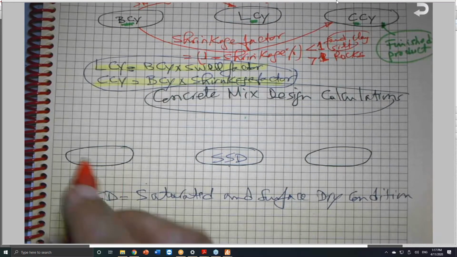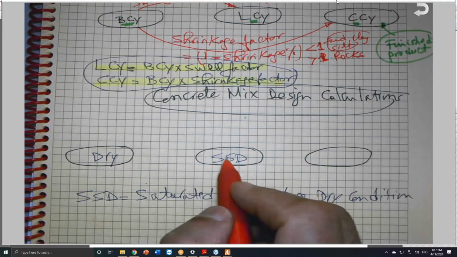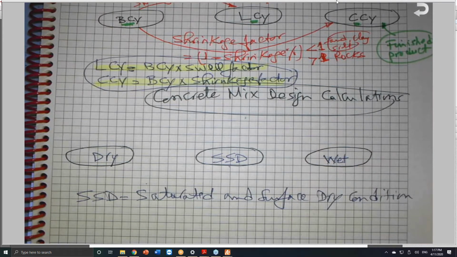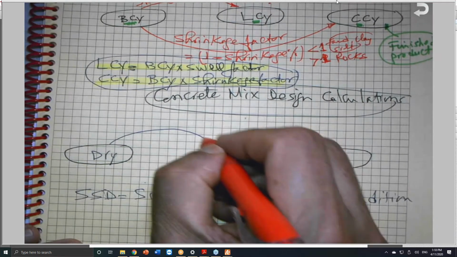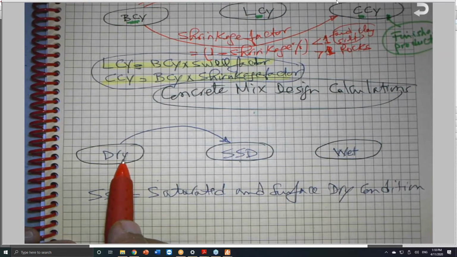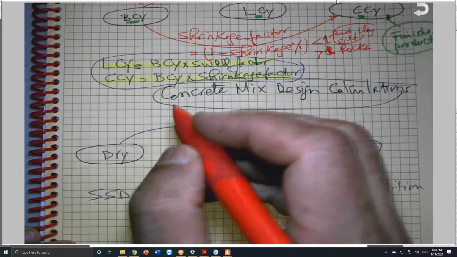Below the SSD is the dry condition, either air dry or oven dry. Above the SSD is the wet or moist condition. From here to here, in order to change the status of the aggregates, the fine and the coarse, from the dry condition, either air or oven dry, to saturated surface dry condition, we are going to multiply by the SSD moisture content.